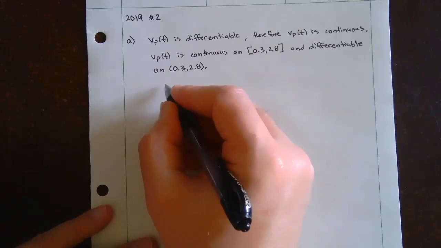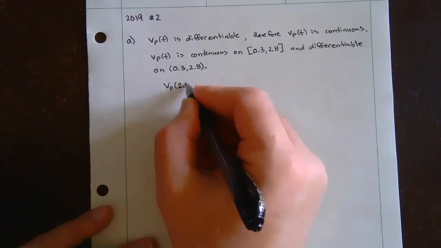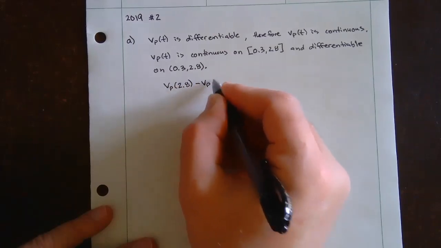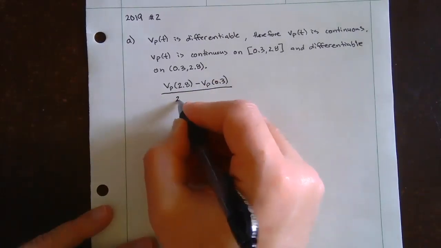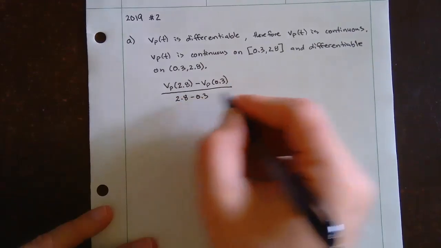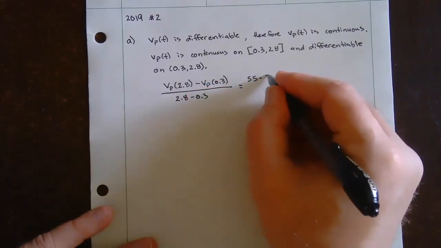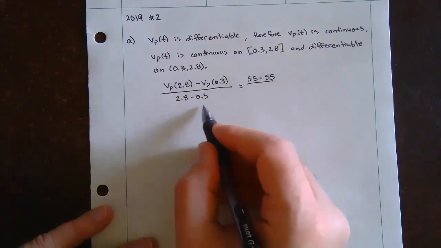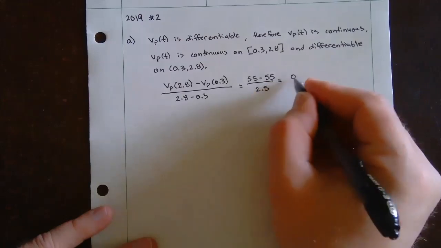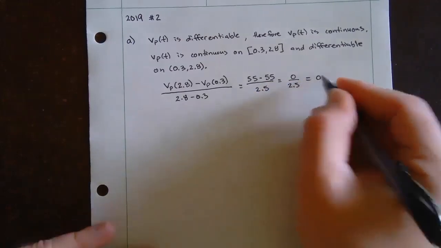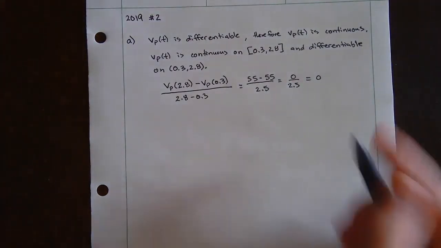And then we also know that v sub p of 2.8 minus v sub p of 0.3 over 2.8 minus 0.3, so this is 55 from the table, right? That's 55 minus 55 over 2.8 minus 0.3. Well, that'd be 2.5. So that'd be 0 divided by 2.5, which is equal to 0. So their average rate of change between 0.3 and 2.8 of the velocity is 0.